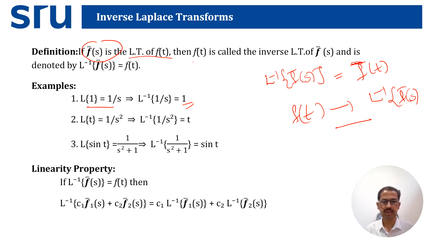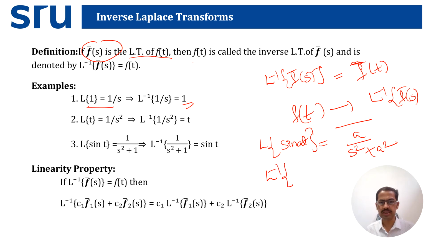Similarly, the Laplace transform of sine at is a by s square plus a square. Then the inverse Laplace transform of a by s square plus a square is equal to sine at.